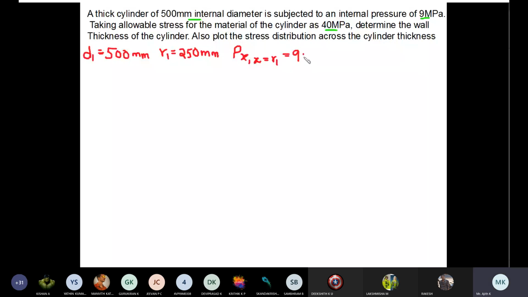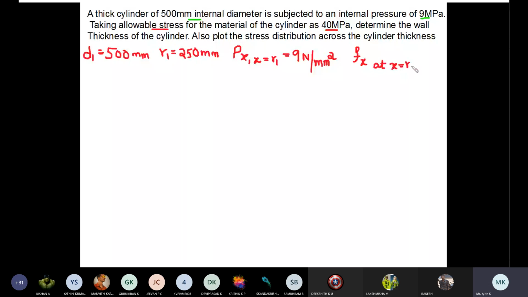And we have a new term in this problem. Allowable stress for the material is 40 megapascal. Allowable stress is nothing but the circumferential stress. Maximum stress will always be developed at the inner surface.